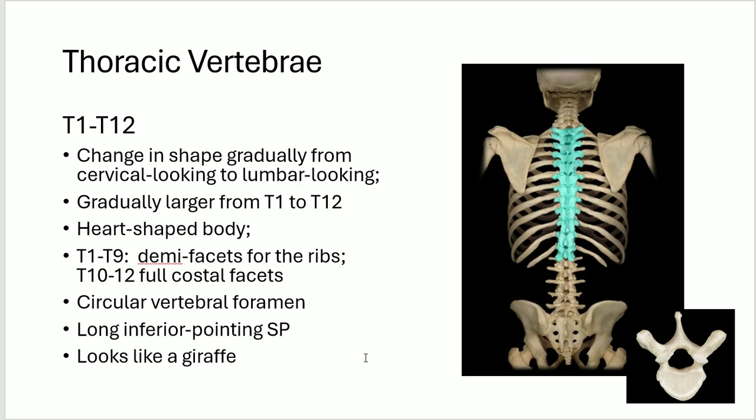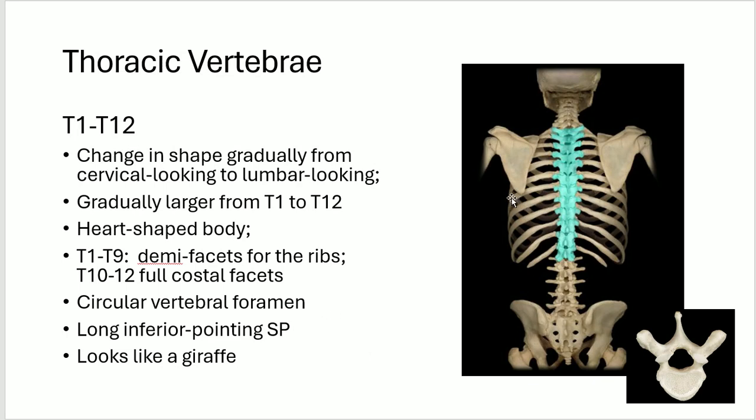T1 through T12, our thoracic vertebra are more heart-shaped. The first 9, T1 through T9, vertebrae have demi-facets for the ribs to attach. And it is demi because the ribs sit in the groove between 2 vertebrae.